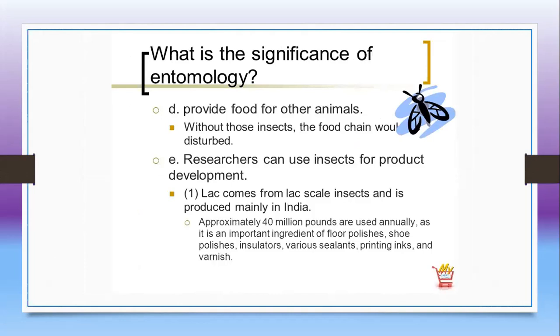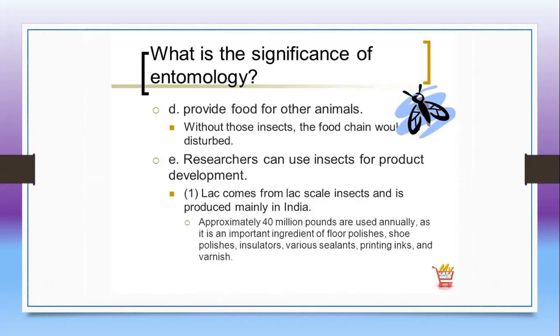They provide food to various other animals. So they are providing food for different kinds of animals. Without those insects, the food chain would be disturbed.